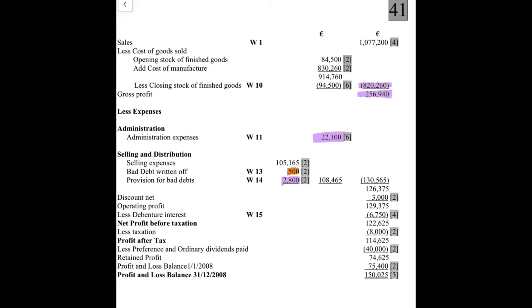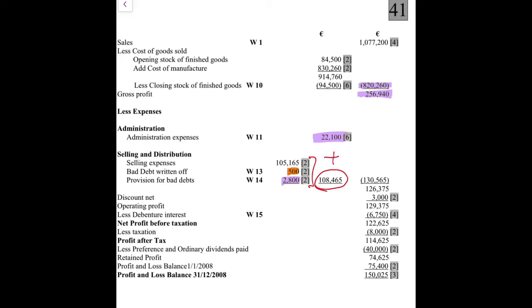We're never going to get that, so we're recording it as an expense. The other is the provision. We're setting money aside. So you need to be careful that you don't get confused between a bad debt that's actually been written off and the provision, the increase and decrease in the provision. They're two separate things.